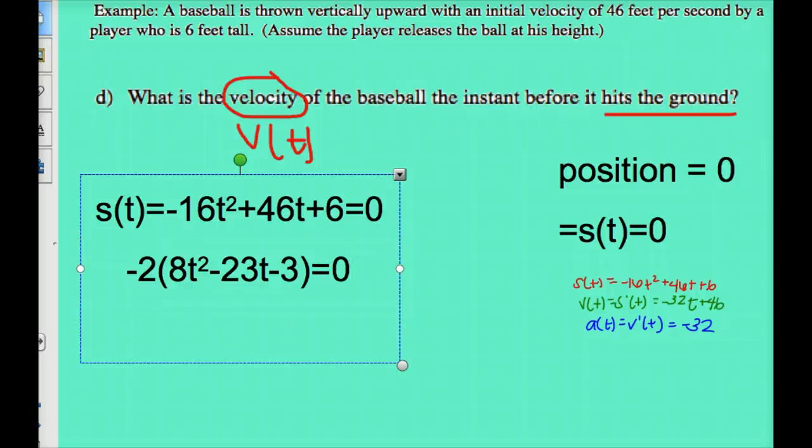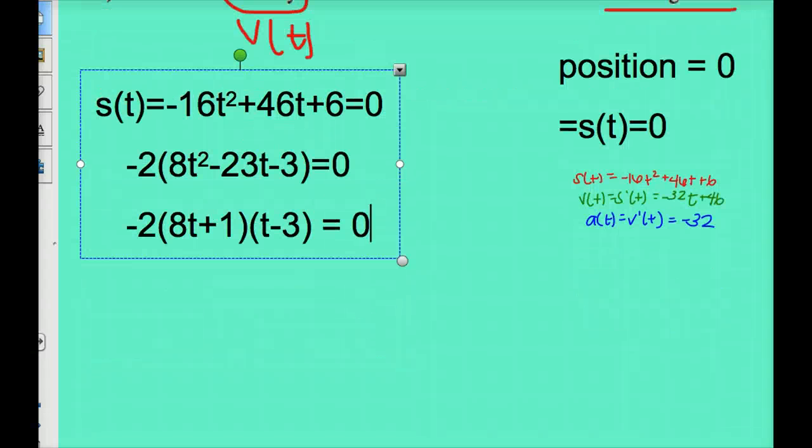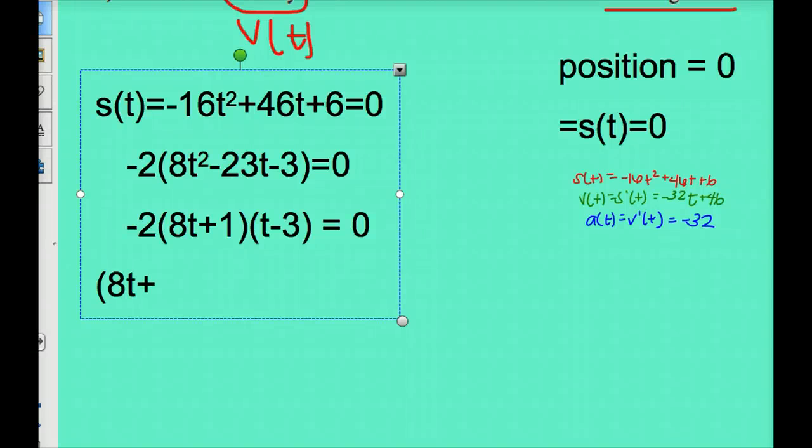If we do some factoring, we're going to get negative 2 times 8t plus 1 times t minus 3. I'm going to set this equal to 0. That means I'm going to take 8t plus 1 and make that equal to 0, and t minus 3 and make that equal to 0.